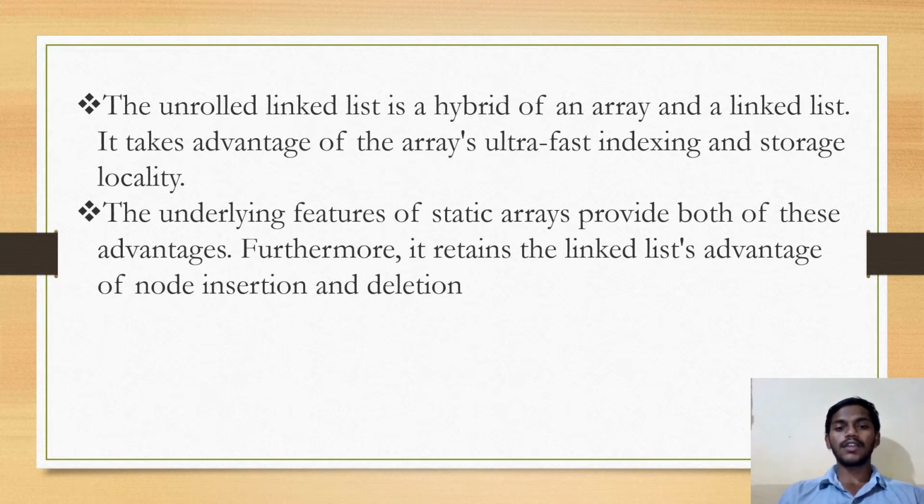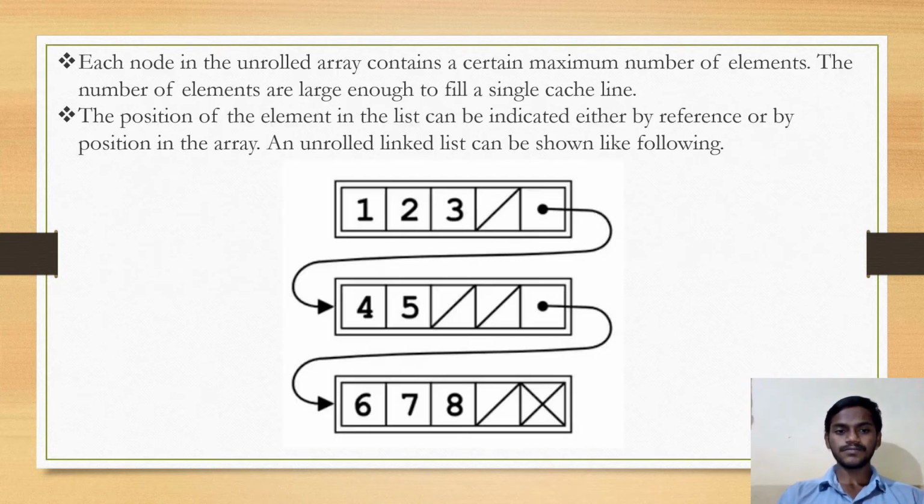It takes advantage of arrays: ultra fast indexing and storage locality. The underlying features of the static array provide both of these advantages. Furthermore, it retains the linked list advantages of node insertion and deletion.